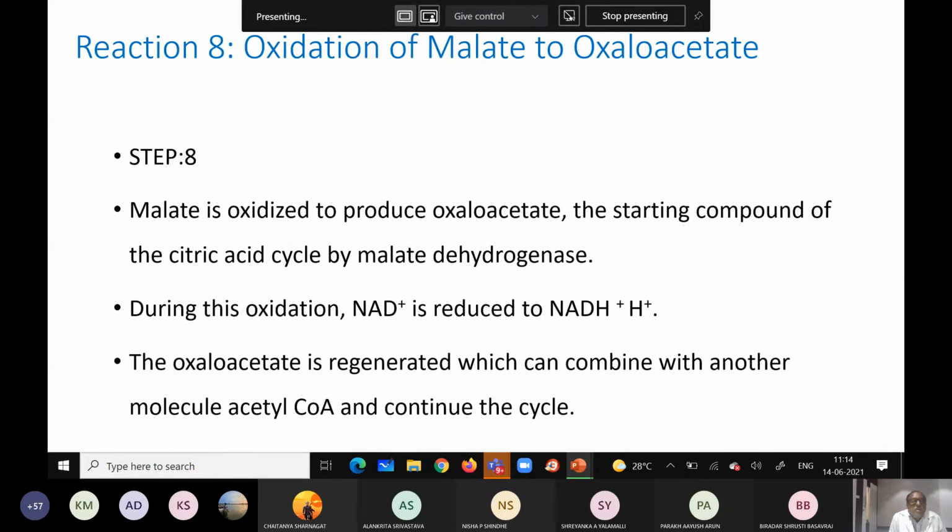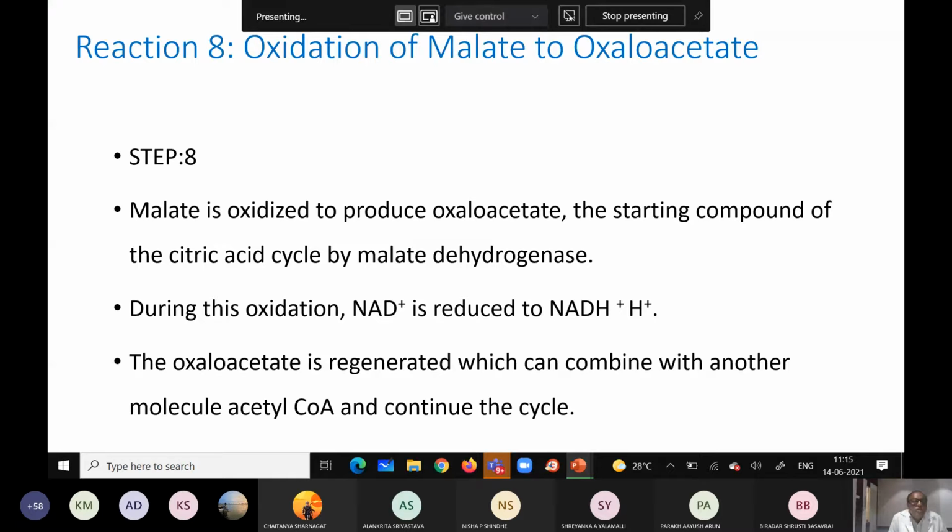And then malate is oxidized to produce the oxaloacetate, that is the initial starting compound used in the first step, where oxaloacetate combines with acetyl CoA in the presence of citrate synthase, forming citrate.